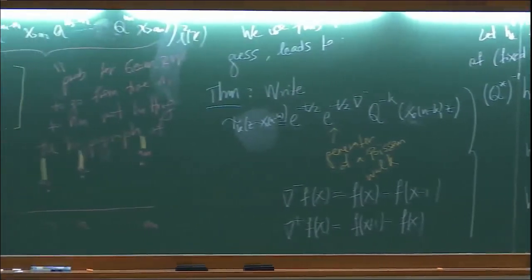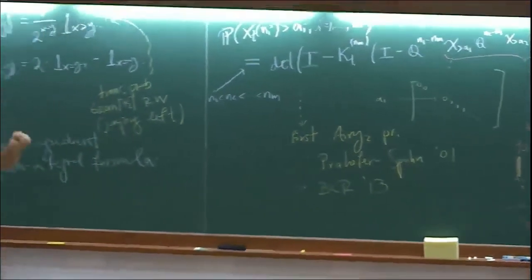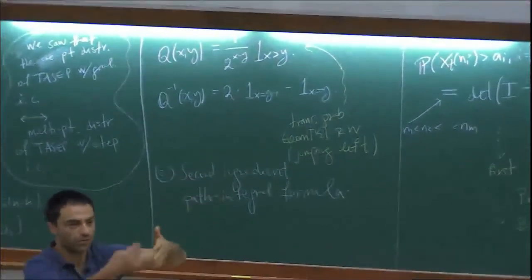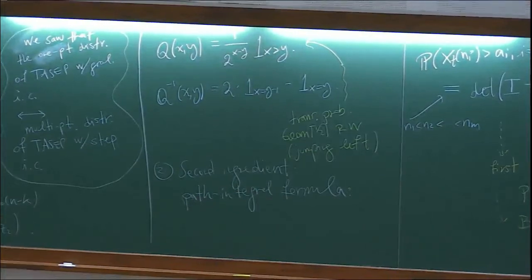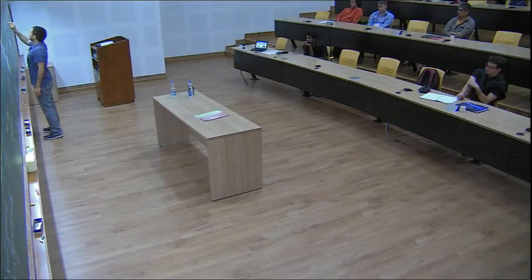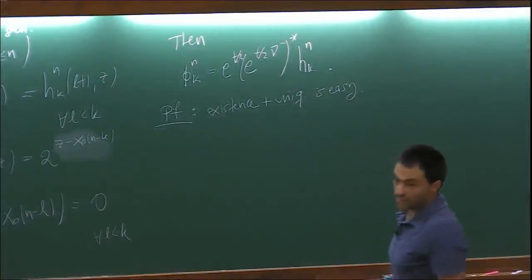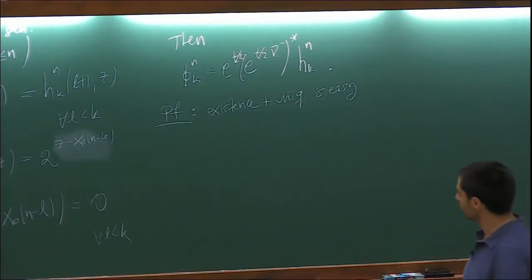So if I apply Q star to the initial condition, to 2 to the z, that gives me 0. So you can sort of start working your way backwards. So existence plus uniqueness is actually easy. Okay, so at least we have existence and uniqueness of that.